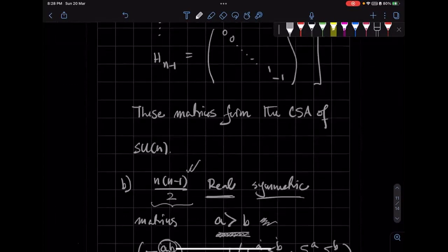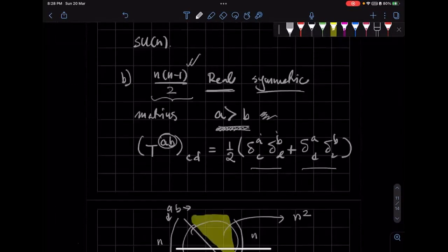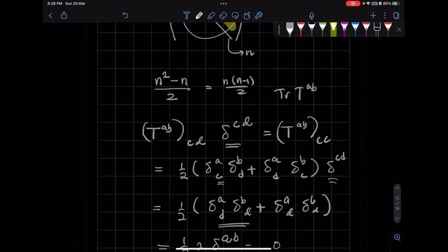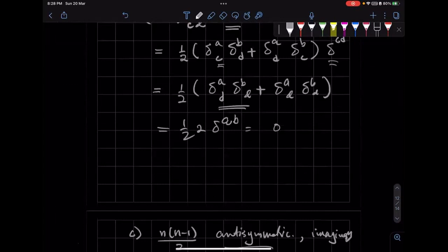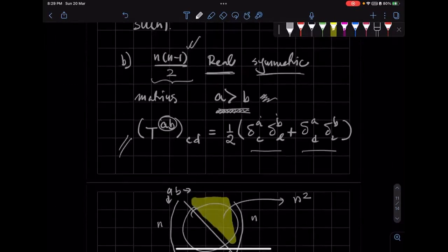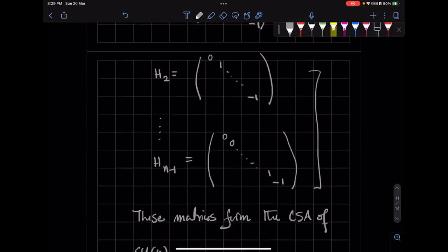But none of them will commute with any of these guys. So the T's are the non-Cartan subalgebra elements, and the H's are the Cartan subalgebra elements. Okay, okay, sir.